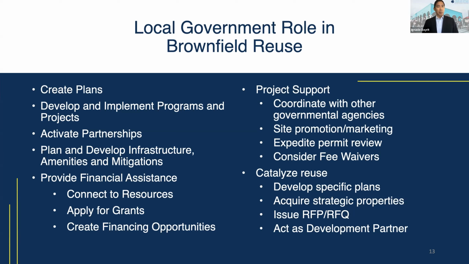Local government either develops and or implements these plans, or they work with the community or the private sector to implement these programs and projects. And so you need partnerships. These projects don't happen by themselves or by one entity. And even if it's a private project, it still needs input from all sectors of the community.